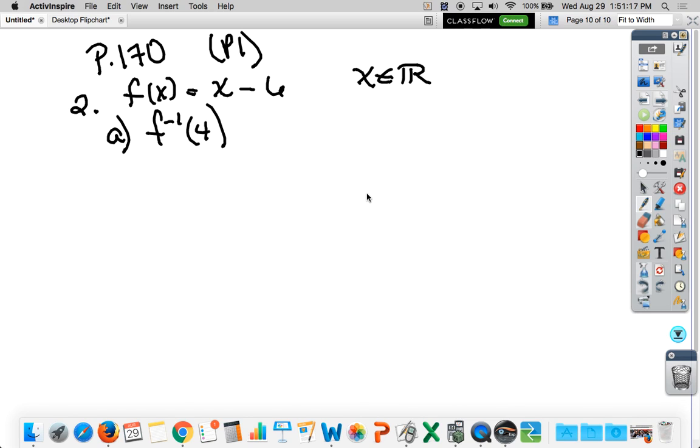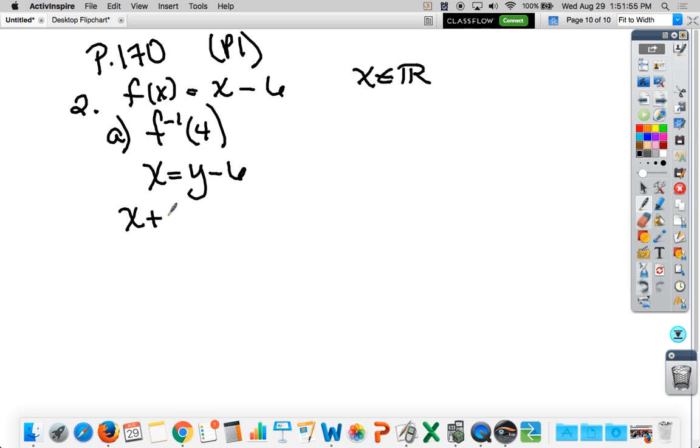Okay, so getting back to this problem, we've got f raised to the negative 1 with 4 in parentheses. You would find the inverse of x minus 6 and then plug in 4. So let's do that. y becomes x, x becomes y.